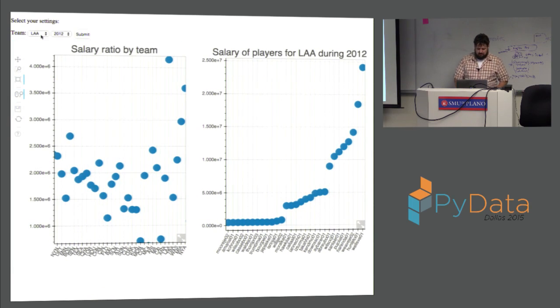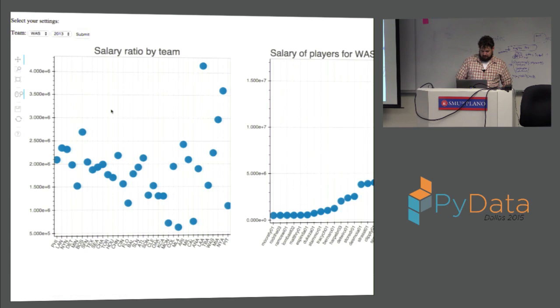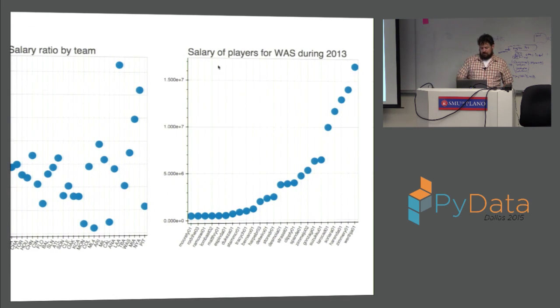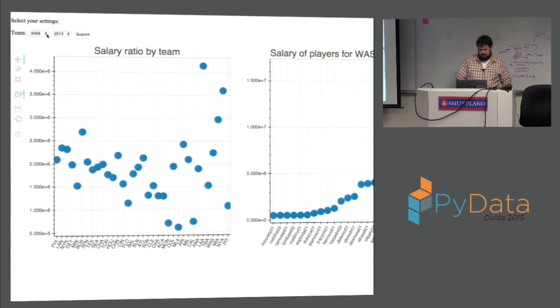So in here I'm actually showing, I'm not sure what I was doing here, but you can see I can submit and get new plots. Ratio by team, and then there's salary. So this is actually the salary of the players, so you can see the actual breakdown of the players. It's a very similar idea.